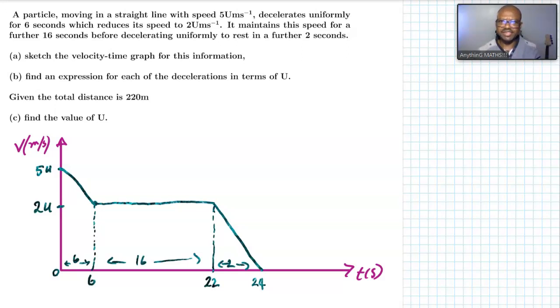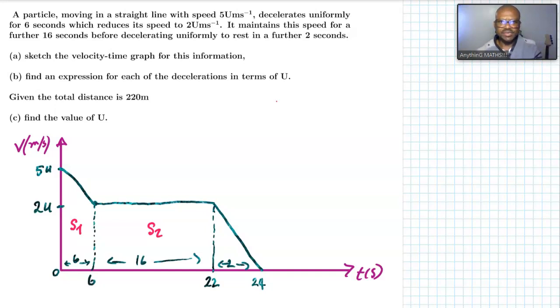I'm going to divide it into 2 areas. The first part, I'm going to say this is x1. So it covers 0 to 6. And from 6 to 24, I will say is x2. Now, when you look at it carefully, we can see that they are both trapezium.